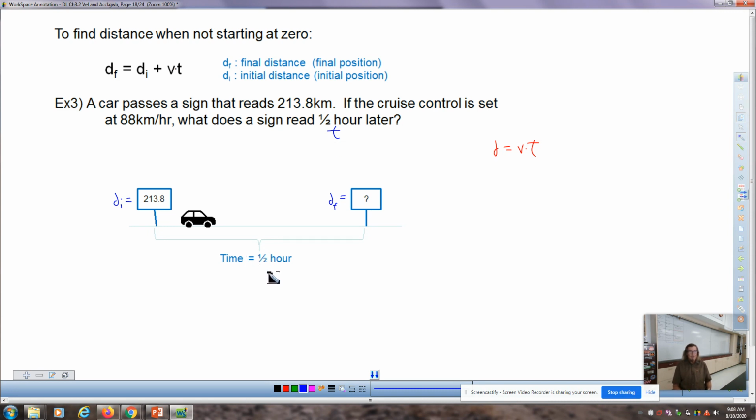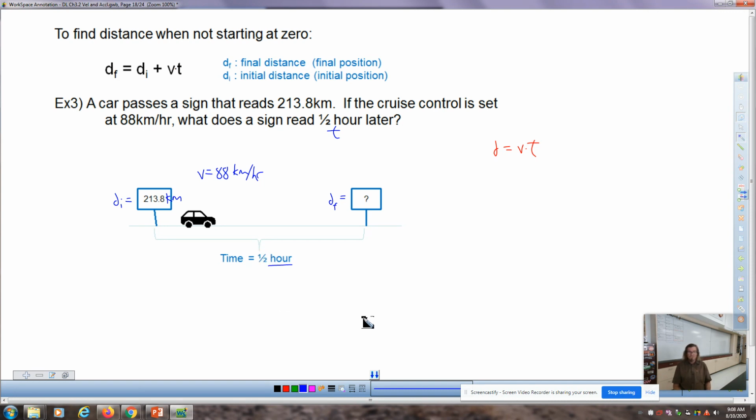So looking at how my units are working, maybe I want to say that my velocity here is 88 kilometers per hour, and this was already written in kilometers. This is already written in hours. I feel like I've got compatible units if I just keep this in kilometers and hours and not switch to meters and seconds. You can do that, of course.